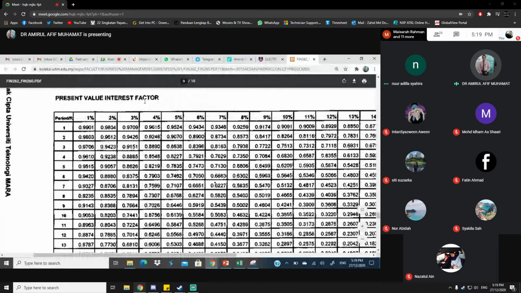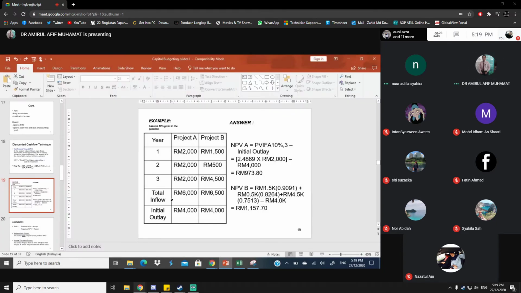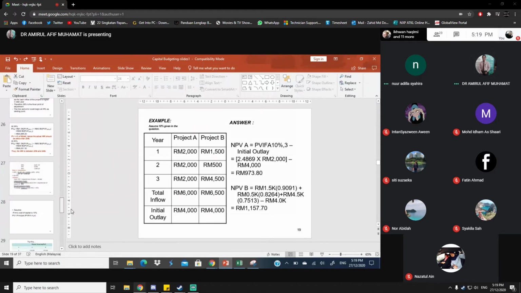Nampak? Dia tak ada tulis annuity kan? So this is the one that you use for project B ataupun project 2 tadi tu. Okay. Boleh follow? Present value. Okay?